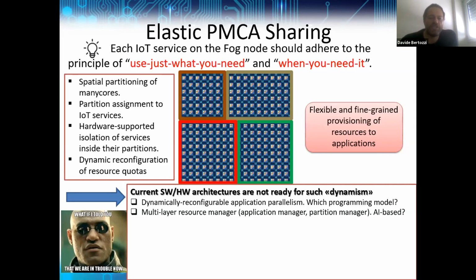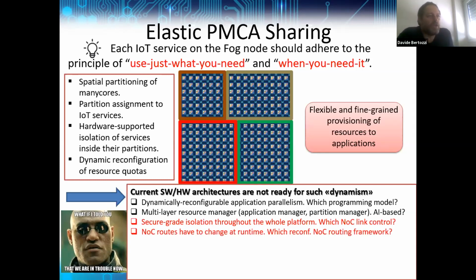And here, artificial intelligence may play an enabling role to solve this problem. Moreover, we need to enforce secure grade isolation between partitions throughout the entire platform, not only on this accelerator, but also throughout the entire platform. So you need to enforce spatial or time isolation between running services. And here I will demonstrate in a while that an effective way of delivering isolation is through the control of the network on chip routes.